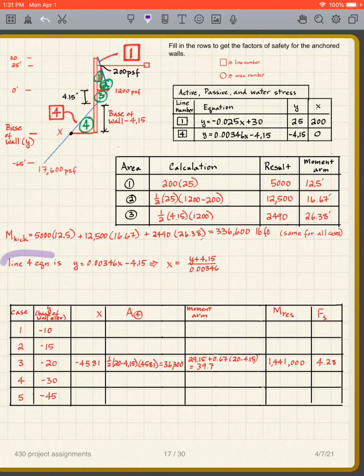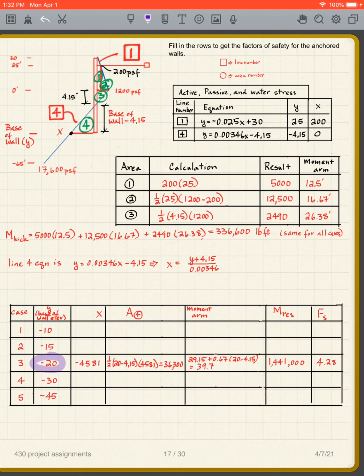Well, the equation for line 4 is this: y is equal to 0.00346x minus 4.15. And my goal is to figure out what is x. My y, I have taken it as being negative 20.